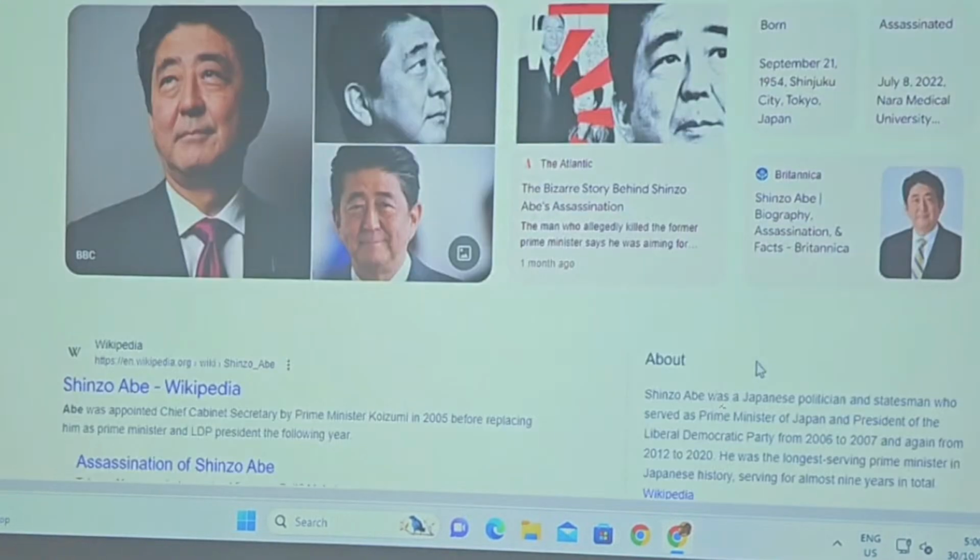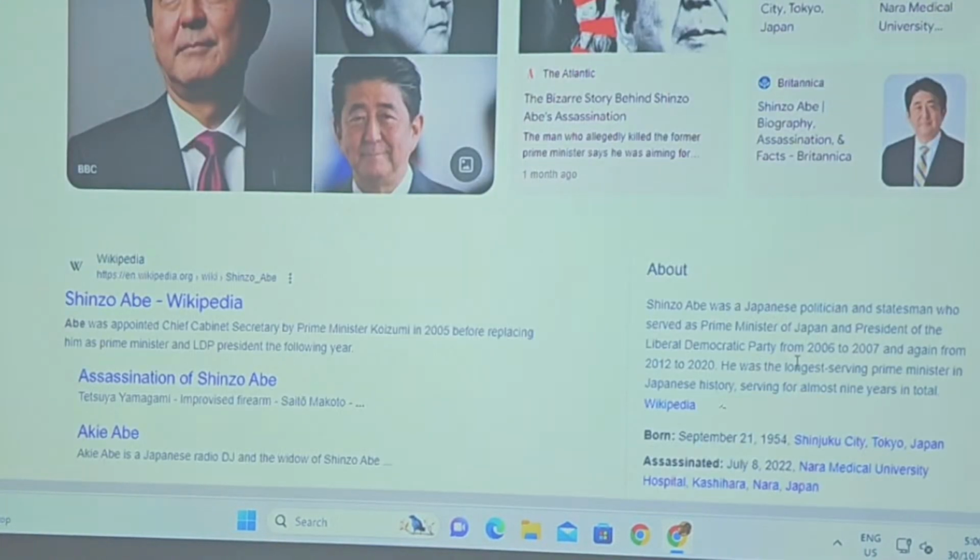The Liberal Democratic Party was in power in 2006-2007, and again, but there was a gap here. The LDP lost because of the global economic crisis of 2008 and 2009, including Toyota losing.